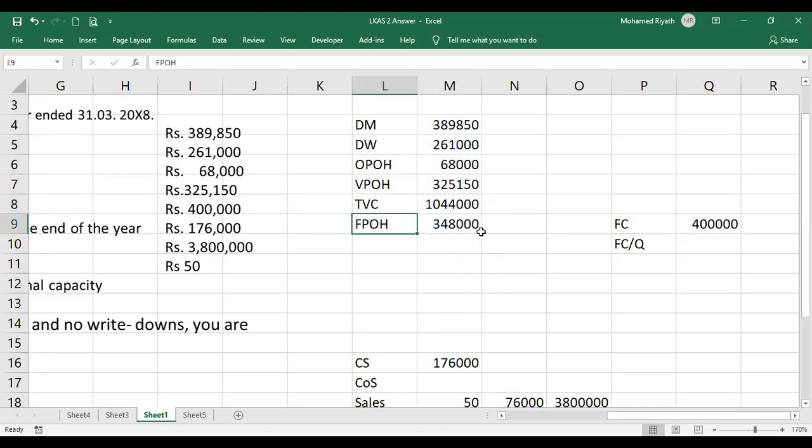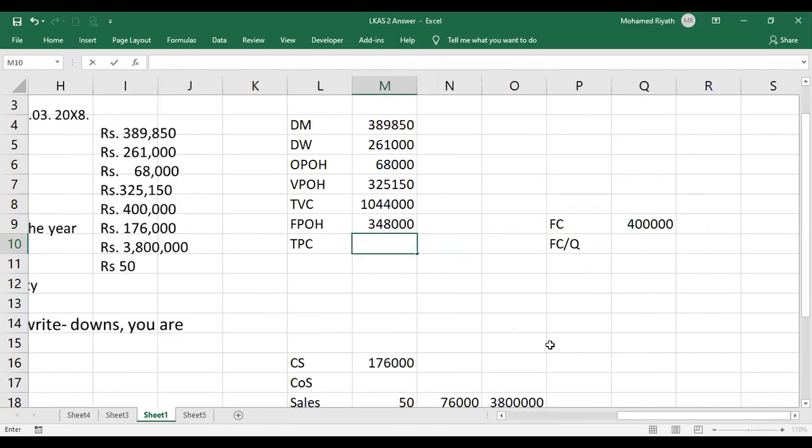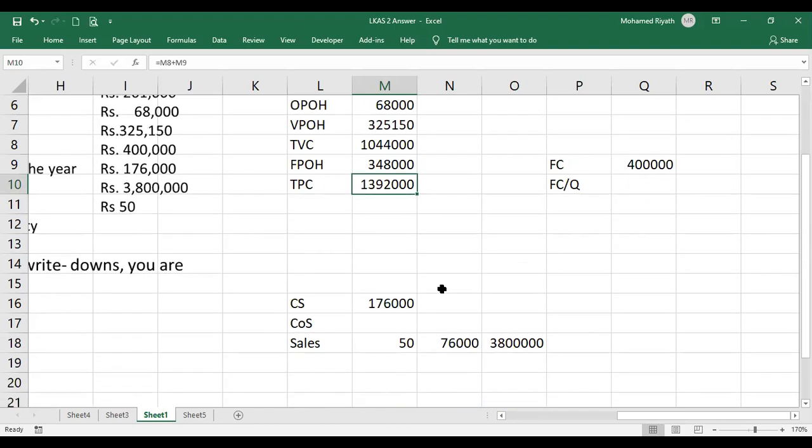Now here we will find total variable cost, the sum. Total production cost equals total variable cost plus total fixed overhead. From this, what can we find?